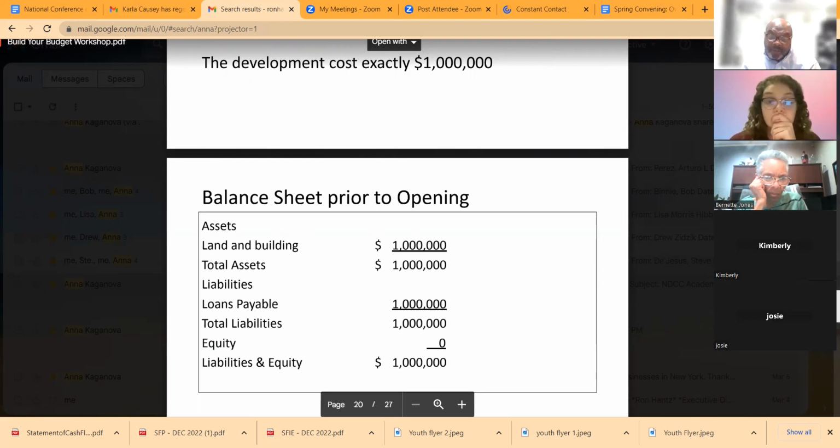Our liabilities are the loan payable, since we borrowed the $1 million, and our liabilities and equity is $1 million because now we're invested in equity of $1 million. So that's very simple.